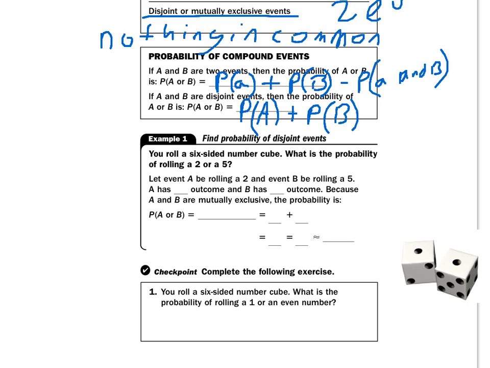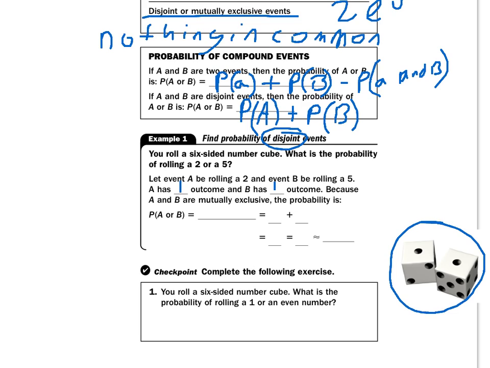Let's take a look at this number cube. You roll a 6-sided number cube, or a die. What is the probability of rolling a 2 or a 5? Let's say you win $1 million if you can roll a 2 or a 5. There's one outcome for a 2 and one outcome for a 5. Because you can't roll a 2 and a 5, there's no combination of them.